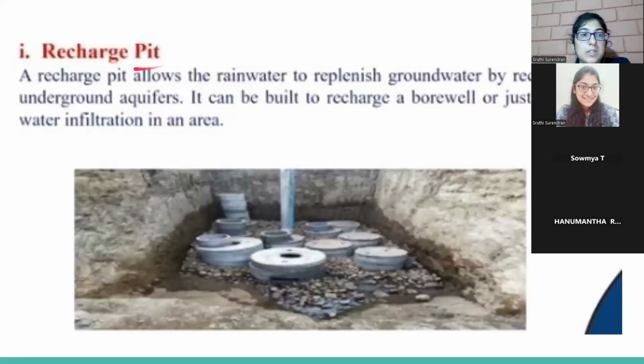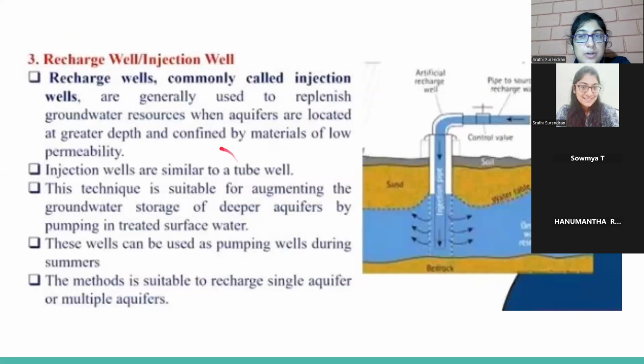such an area. A recharge pit is generally a pit into which you can pour water. Then recharge well or injection well, when the aquifers are located at a very deep depth, then this injection well is provided.